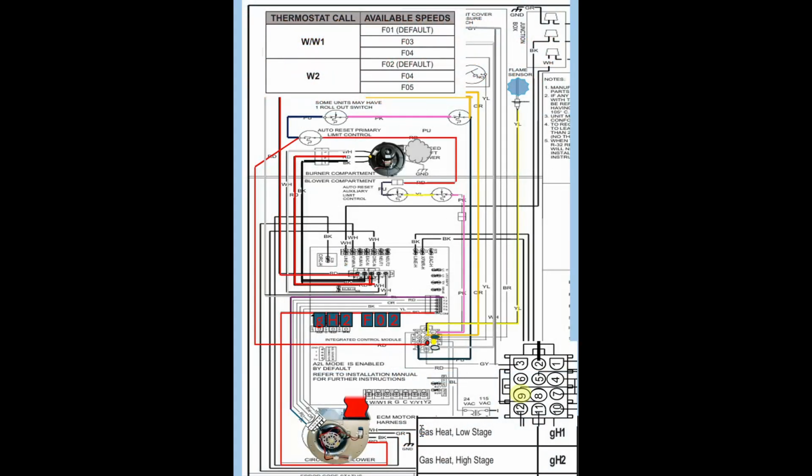And the inducer motor is enabled at high speed, closing the second stage pressure switch and allowing the 24 volts to travel down the yellow wire to pin 9 on the 12-pin connector, confirming the second stage gas valve is closed.